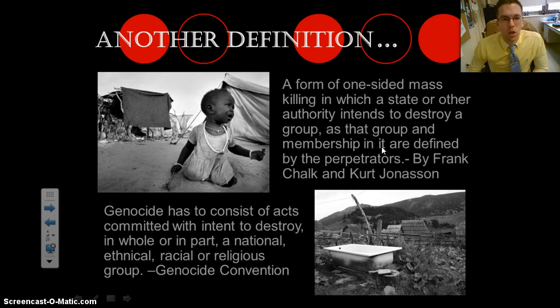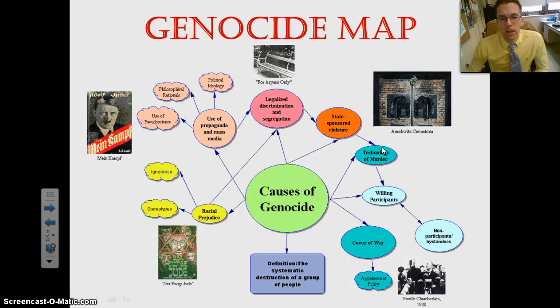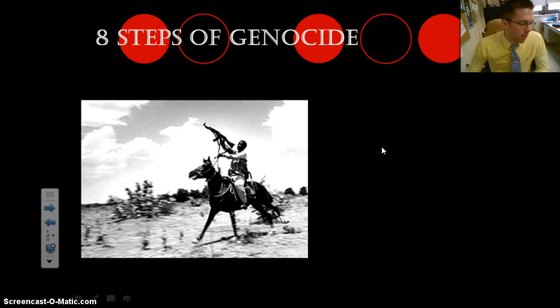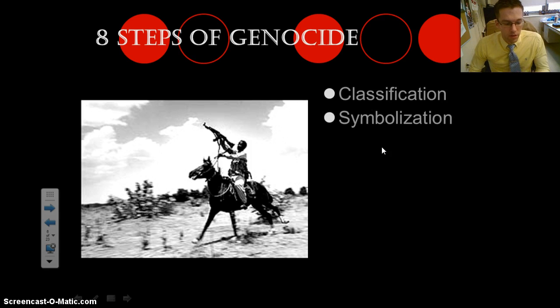Okay, so we're going to look at how we get to genocide. The 8 steps of genocide, and I'll have you write these down and we'll come back and go through them one by one. First step is classification. Next, symbolization of the group that's being targeted.